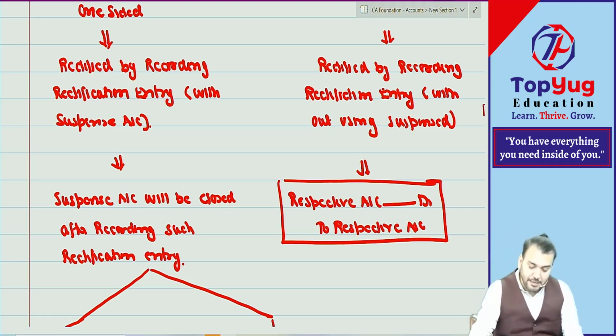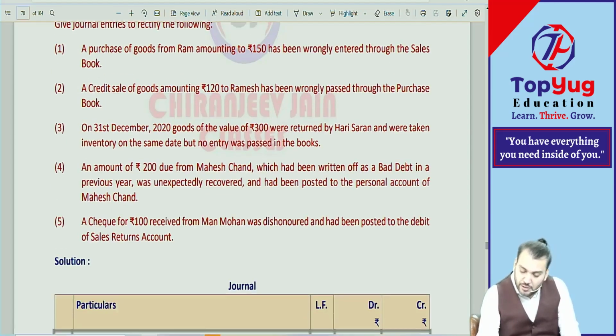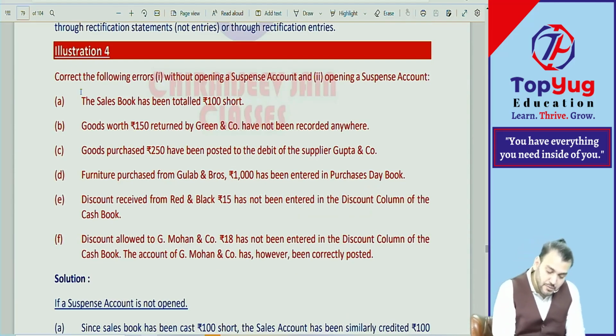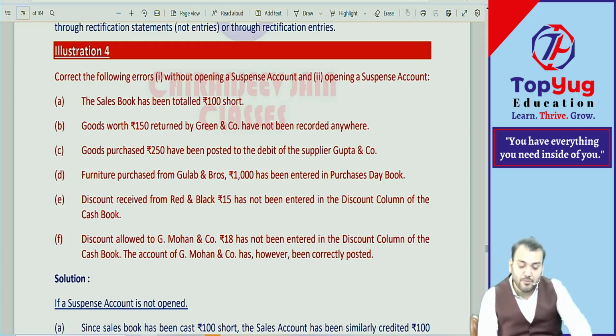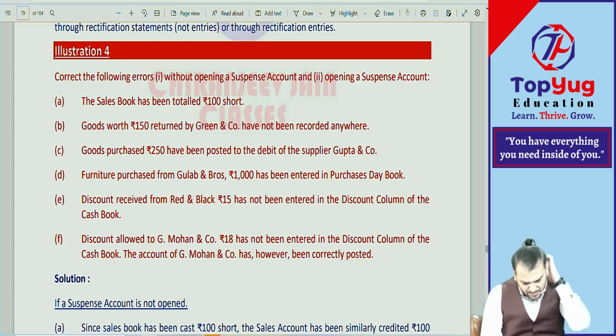So can we take some examples? Illustrations. Illustration number 4. You can see correct the following error without opening suspense account and opening a suspense account. Correct the following entry, point number 1 without opening a suspense account and point number 2 opening a suspense account. Correct? First we'll do point number 2 because that is only relevant.